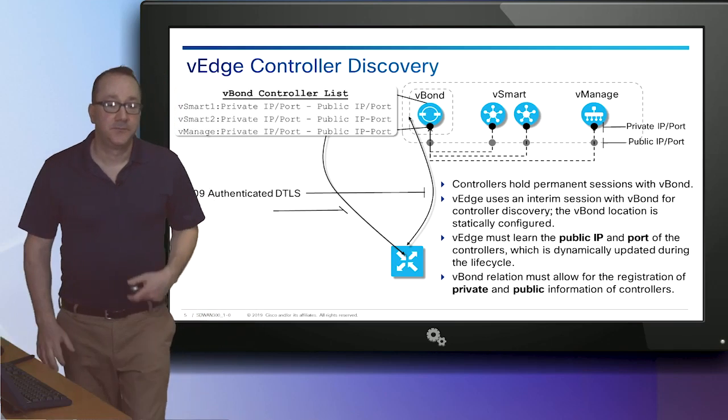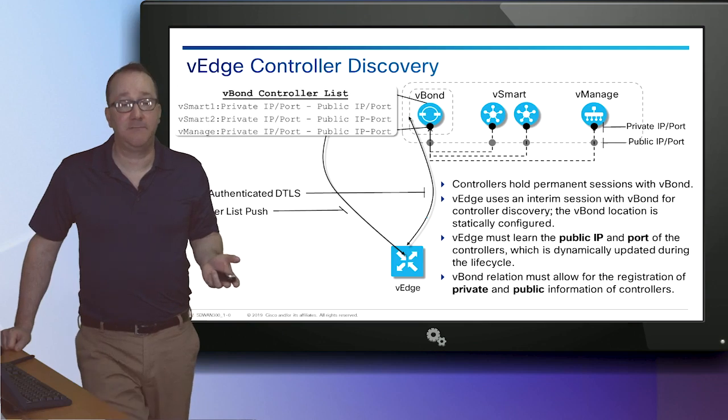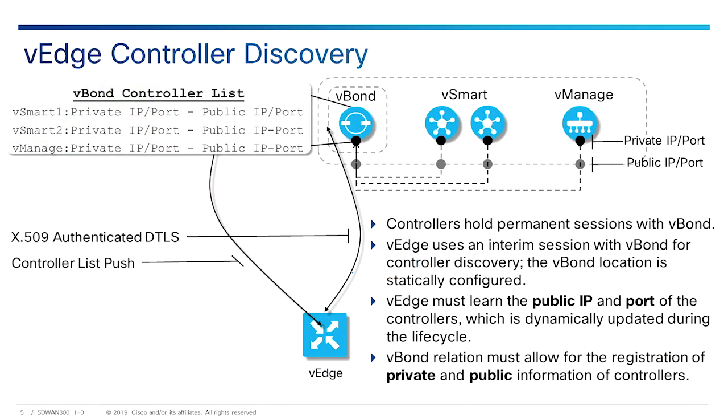So the only component we're going to have here that has to have a public IP is the vBond. It has to be able to communicate with both the vSmart and all the vEdge devices, especially even if they're behind NAT. The purpose of the vBond is to authenticate the vSmart controller and the vEdge routers and coordinate their connectivity.